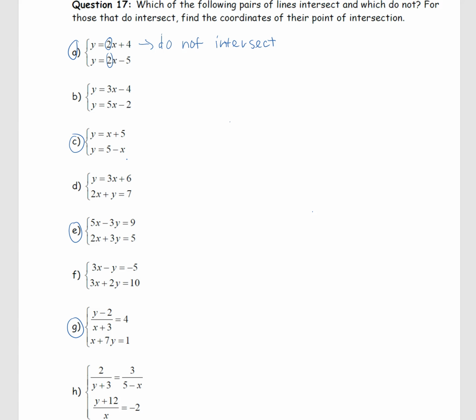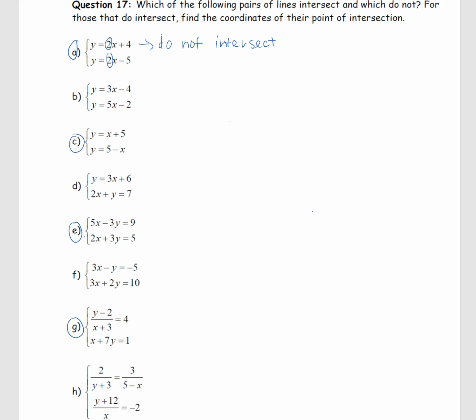In question E, again, we have different coefficients on x. These equations aren't in the form y equals mx plus b, but if we imagine how we'd solve for this, we can see that we're going to end up with different coefficients on x, and therefore these lines will intersect as well.